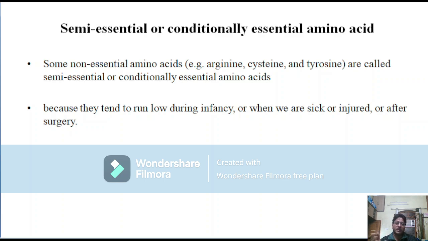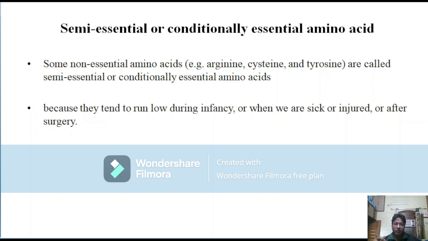Metabolic fate includes ketogenic amino acids, whose skeleton can be converted into fatty acids via acetyl coenzyme A or acetoacetyl coenzyme A, and glucogenic amino acids, which can be converted into pyruvate or TCA cycle intermediates.